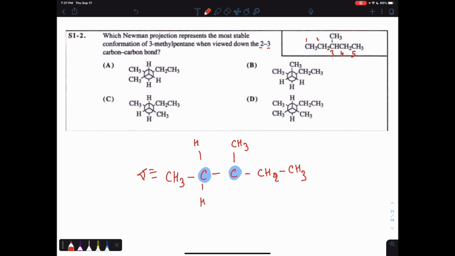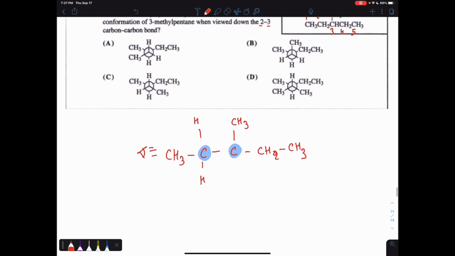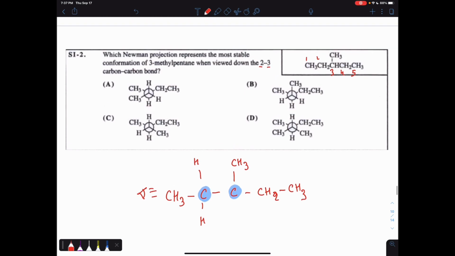So first of all, remember, when we're looking at the most stable conformation, we're looking for the one where the groups are further apart, so there is no steric hindrance. So let's look at A. This one is connected to a methyl and 2 hydrogens, so it is represented by this carbon right here.